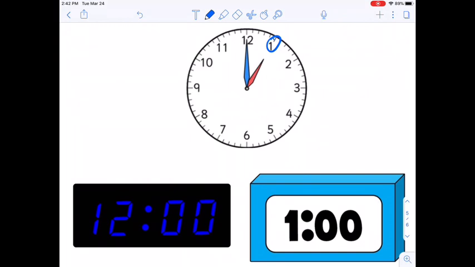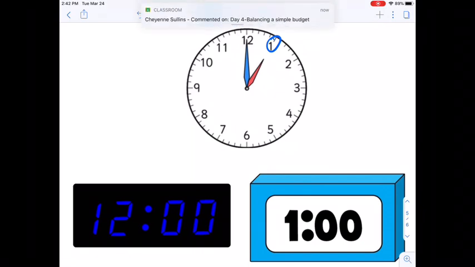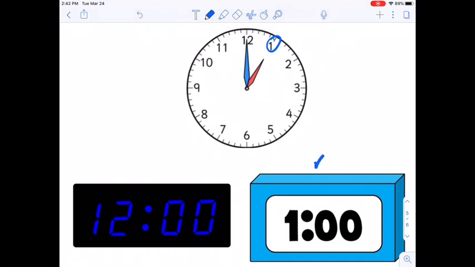That means it's 1 o'clock. Because the long hand or the minute hand is pointing at the 12, 0 minutes have passed in the 1 o'clock hour. So we know it's 1 o'clock. We know it's not 12 o'clock because the hour hand is pointing at the 1, not pointing at the 12.